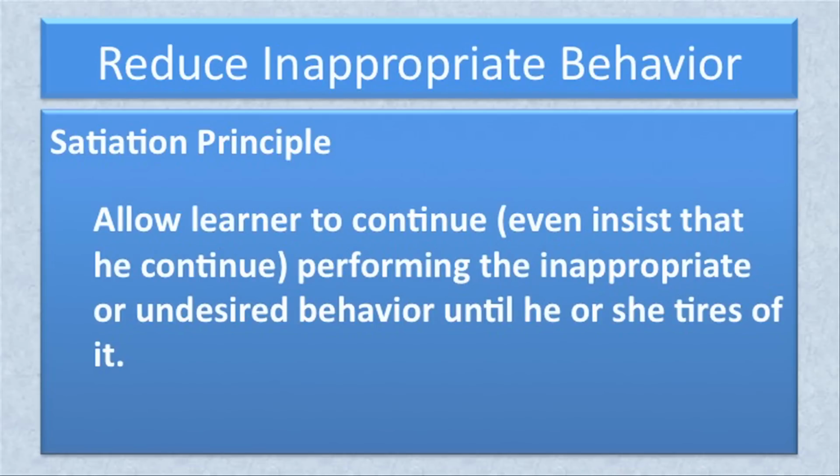While the belief that the reinforcement might be internal violates the assumption that an external, observable stimulus is controlling behavior, nevertheless, allowing the student to continue the behavior, even insisting on it, can lead to a situation where the behavior is no longer reinforced. That is, the learner does not receive pleasure from it.